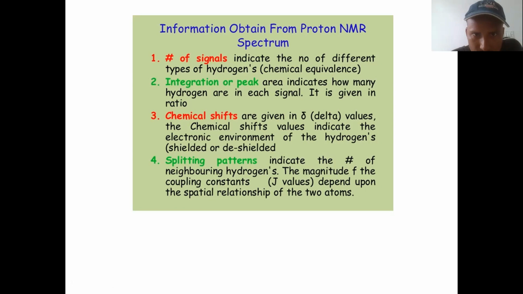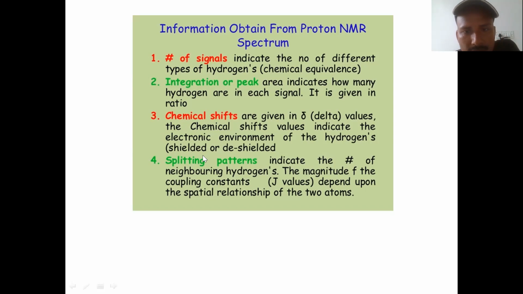Sorry for that. So chemical shift is represented by delta values and indicates the electronic environment of the hydrogen atoms, either shielded or deshielded.